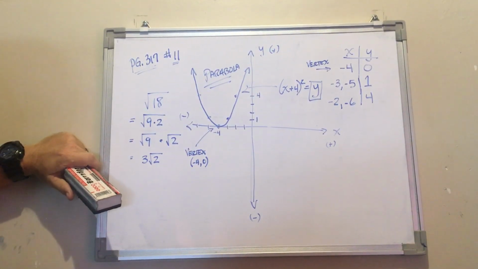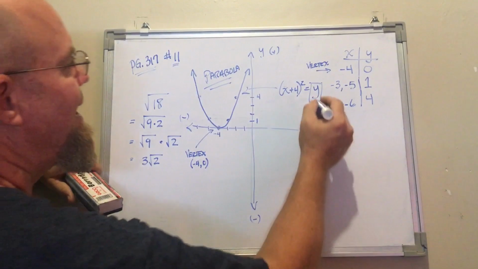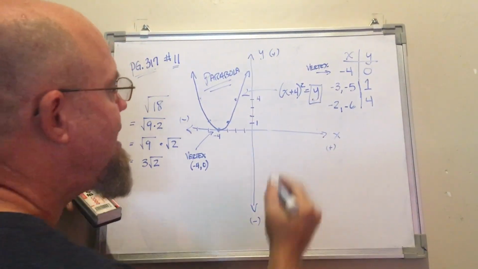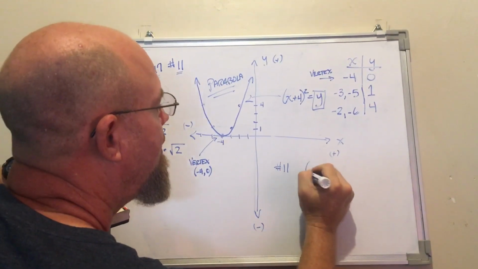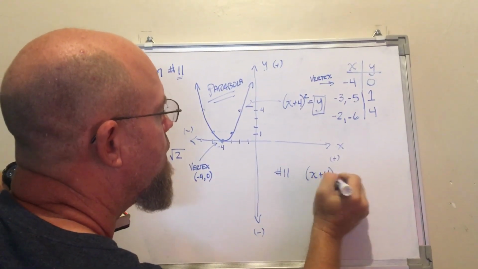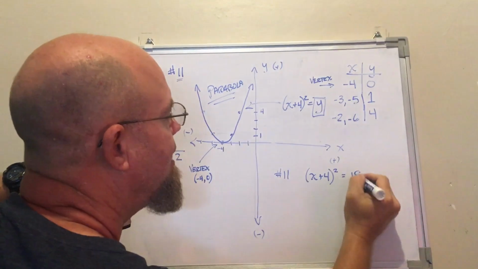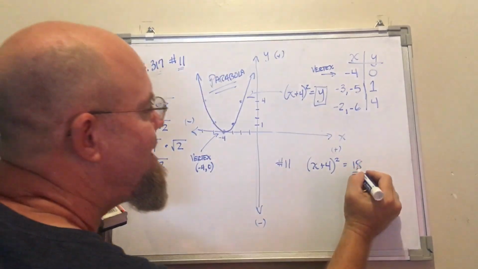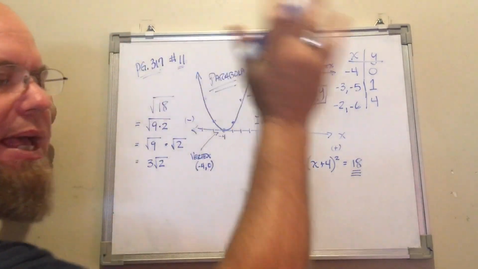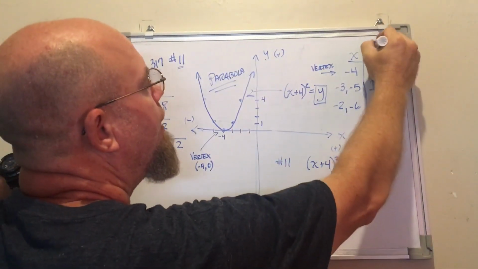Okay? So I think maybe the hard thing was understanding that 18, so the problem, number 11, said x plus 4 squared equals 18.